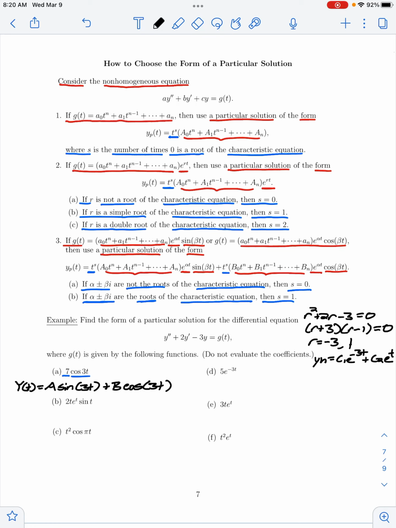So we will have a constant times sine plus another constant times cosine. And we don't have to modify this initial guess by multiplying by a factor of t, because neither of these terms appeared in the homogeneous solution.